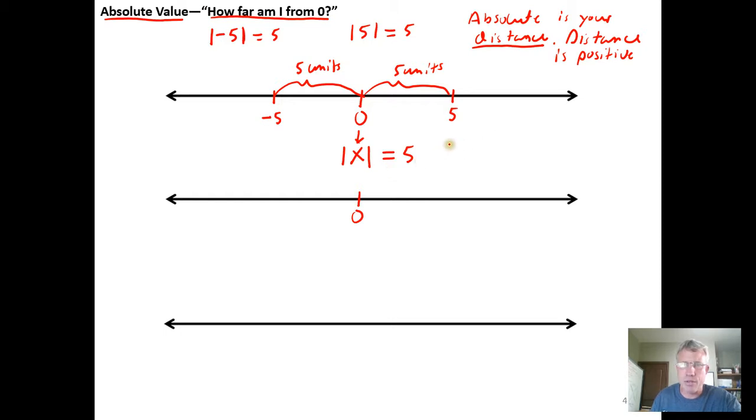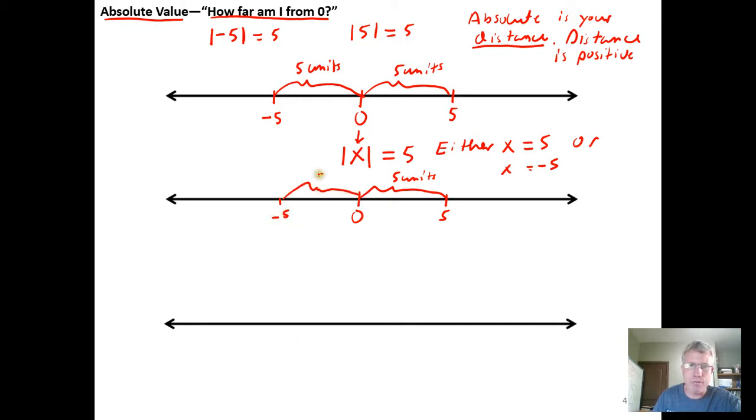I'm going to get either x is 5, because 5 is 5 units away from 0, or I get a second answer, x is negative 5, because negative 5 is also 5 units away from 0.